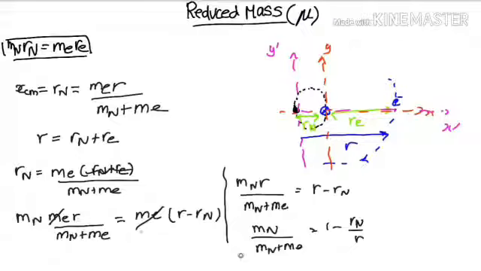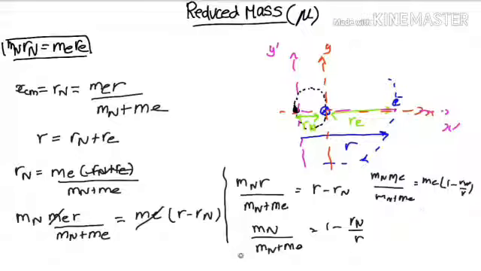And if we neglect the cancellation here, so Mn Me over Mn plus Me is equal to Me, big bracket, 1 minus Rn over R. Right.